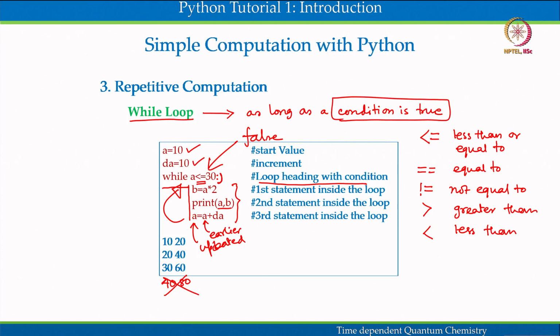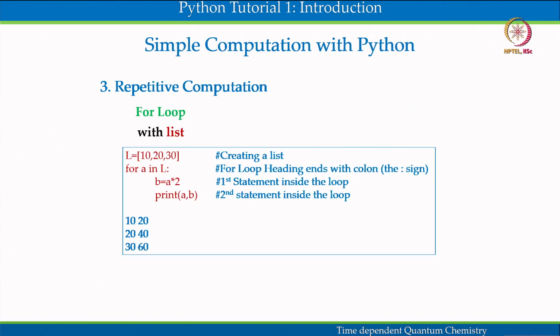We will now move to the for loop, and for the for loop we will introduce another functionality which is a built-in functionality of Python, that is listing a number, a list of numbers. So, one can prepare a list for graph plotting. If we look at the x-axis, we can have 10, 20, 30, 40, like this way.